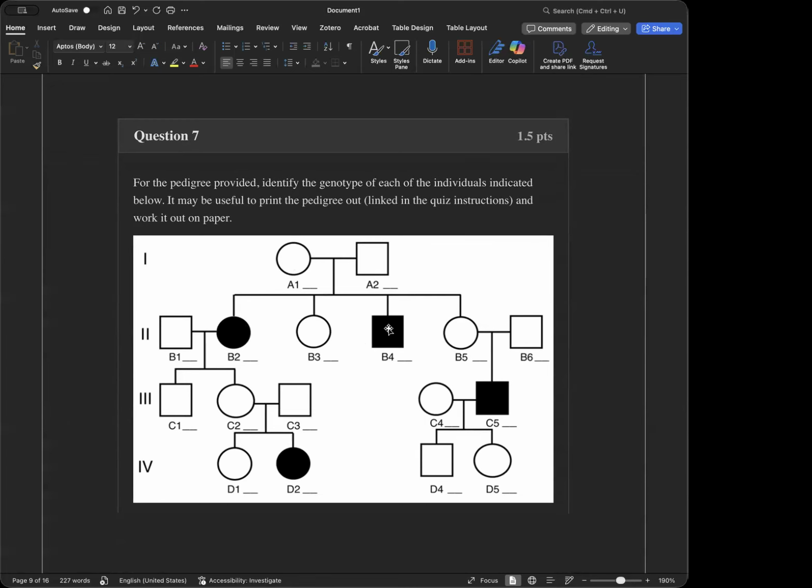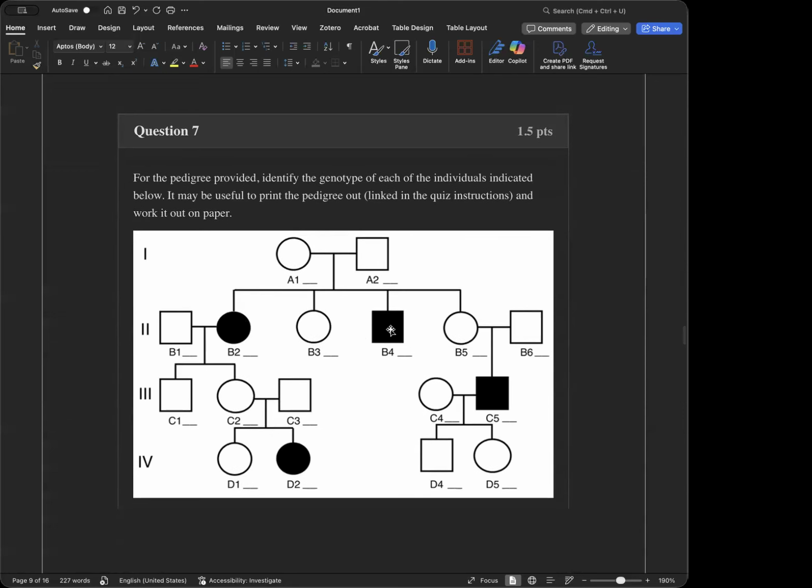Now, we're not sure yet if it's autosomal or sex-linked, but based on our previous slides, I think you could suss out whether this is X-linked or autosomal, because remember, there are very particular patterns to autosomal versus sex-linked. So we know that this is a recessive trait.